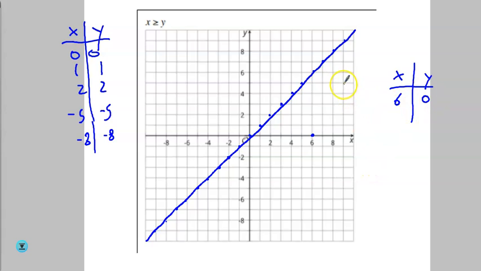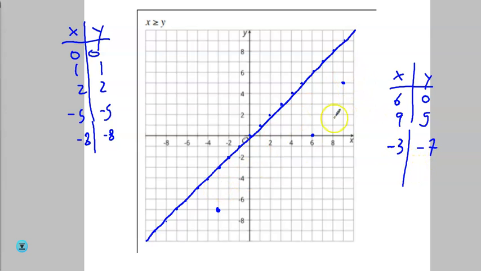So if I took this point, that's 9, 5. Is the x greater than y? Yes. Even if I took, let's say, this point down here, I'm still on the same side of the line. That would be -3, -7. And be careful when you're dealing with negatives. Yes, -3 is greater than -7. It's closer to 0.